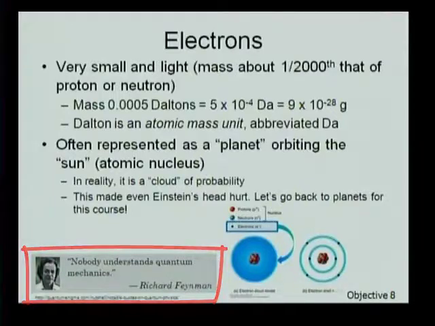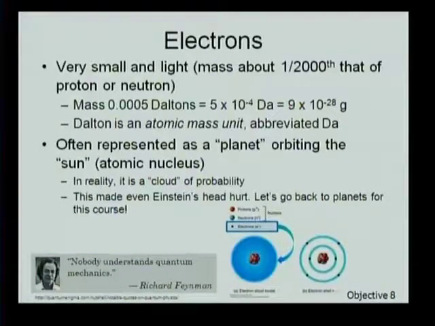So this idea that protons and electrons and other subatomic particles exist only as a probability cloud is what we mean by quantum mechanics. And Richard Feynman, who won the Nobel Prize in Physics, and so he should know what's going on here, says he doesn't understand it, that nobody understands quantum mechanics.